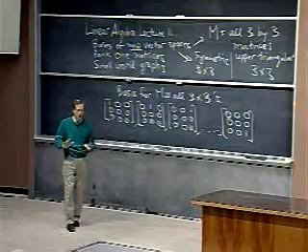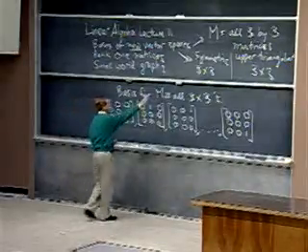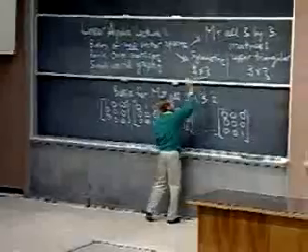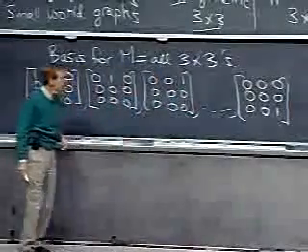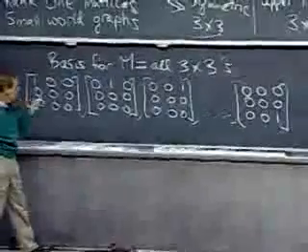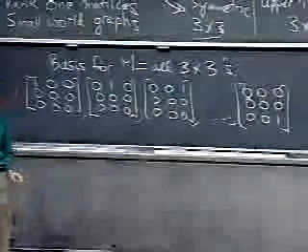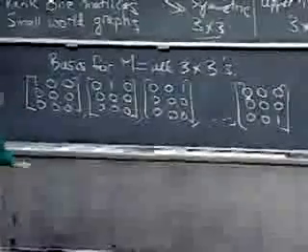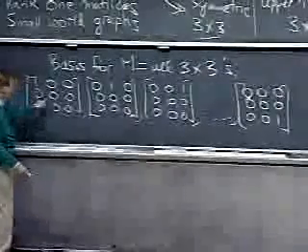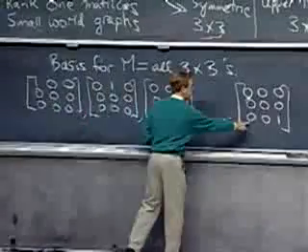And I guess this question occurs to me. If I look at this subspace of symmetric 3 by 3s, how many of these original basis members belong to the subspace? I think only 3 of them do. This one is symmetric. This last one is symmetric.